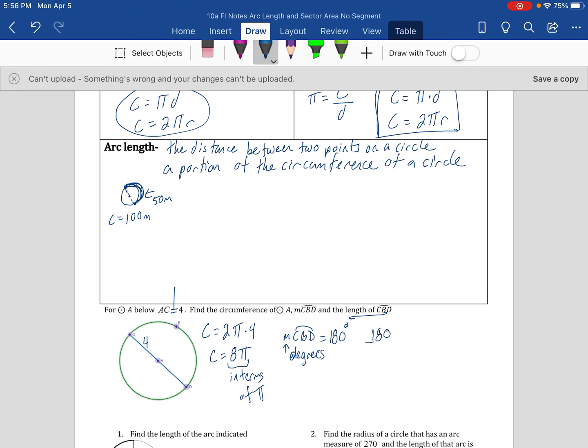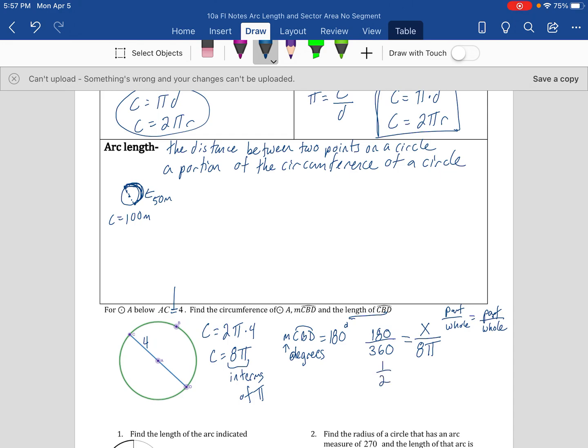Well, I know 180 over 360 is equal to, because the measure of my arc over 360 is equal to the length of my arc over 8 pi. Part over whole equals part over whole.